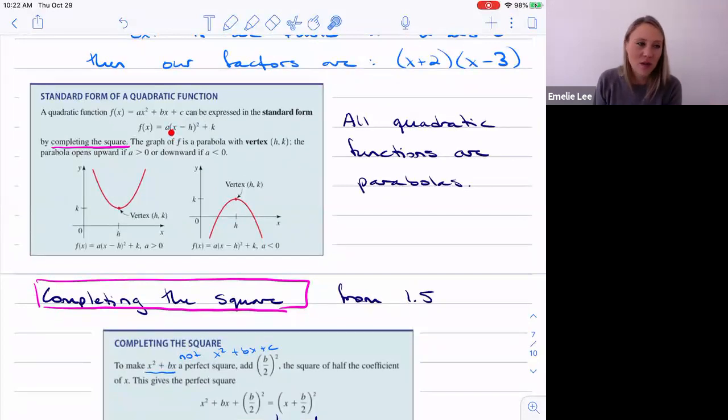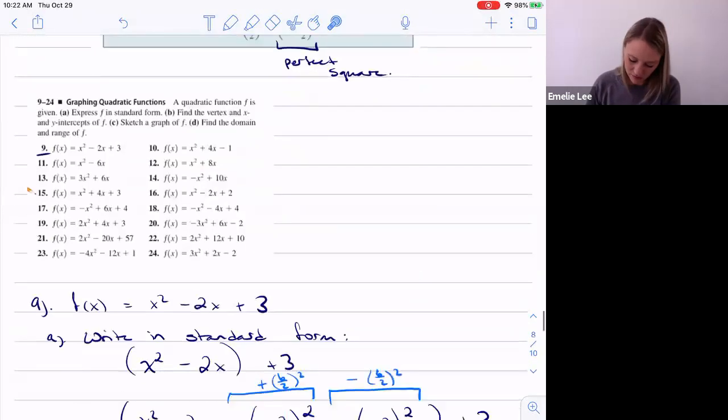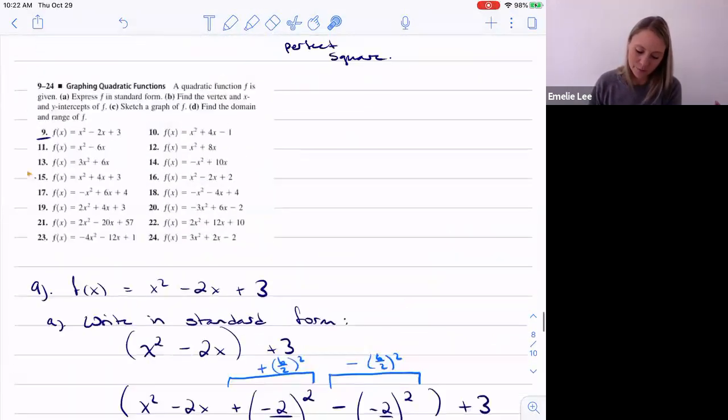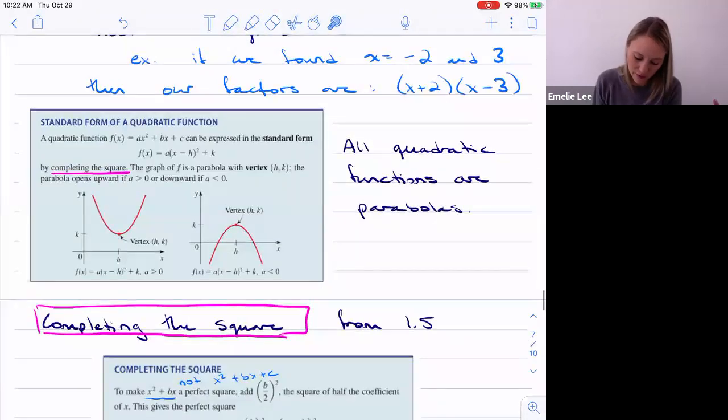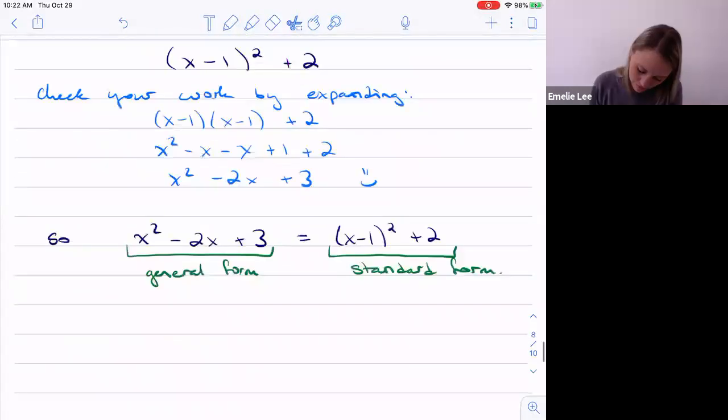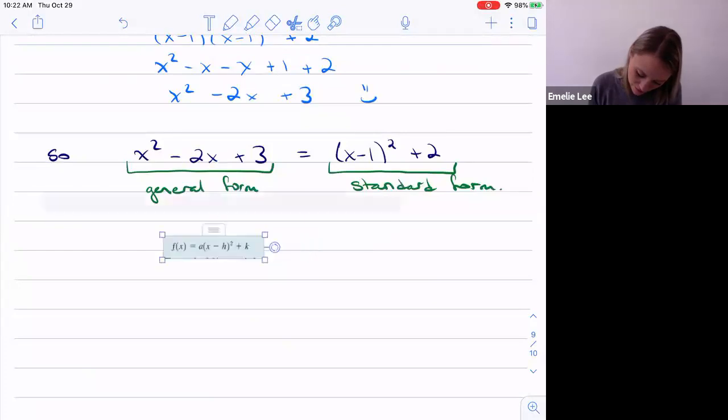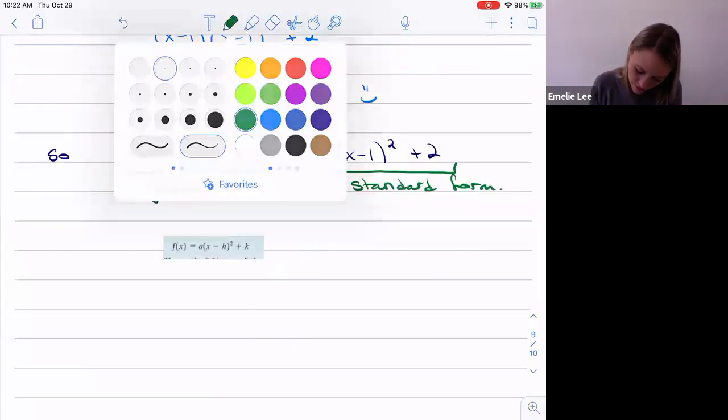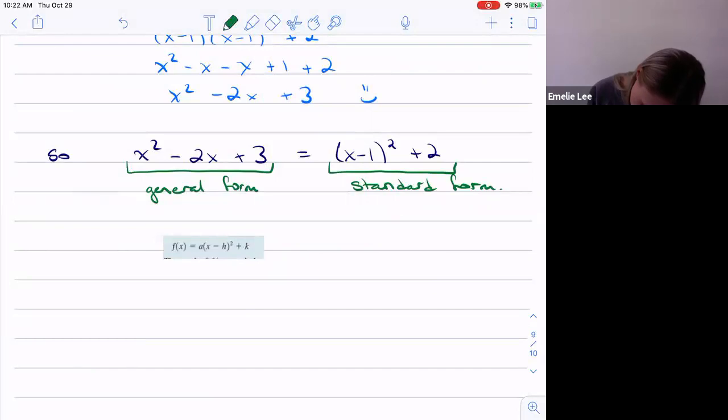A in our case is 1, h is 1, and k is 2. So from here we know the vertex is at h, k. I'm going to write it down: the standard form is a times x minus h squared plus k.